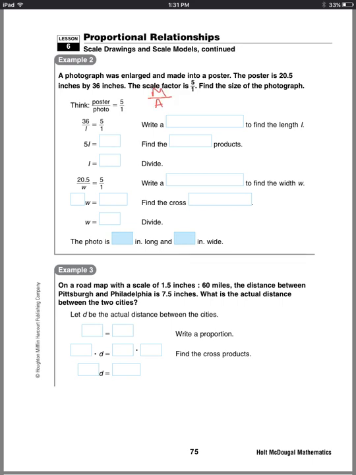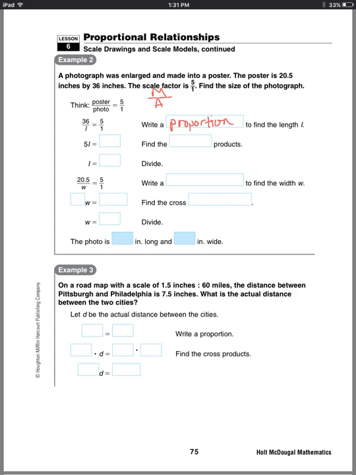In this case, the model was blown up from the actual thing, right? So we're going to write a proportion to find the size of the photograph.